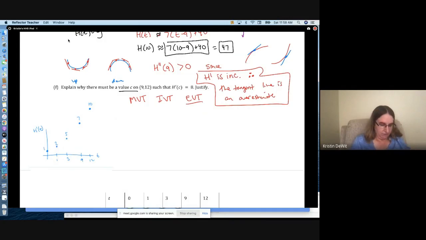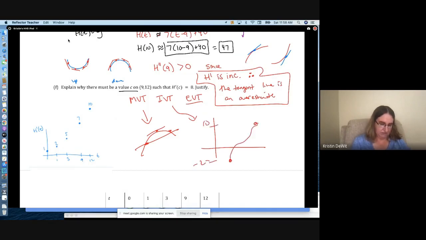Now, the mean value theorem has to do with when you have a secant line and you're trying to find some other C that has the same slope. The intermediate value theorem just says it takes on every value between 2 points. So like if you have a point here and a point here, that's -2, that's 10.